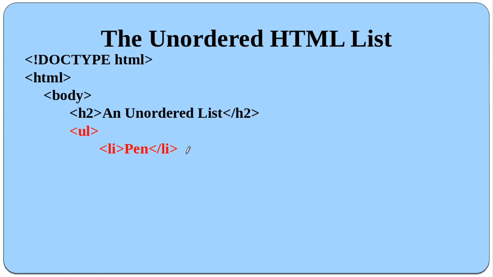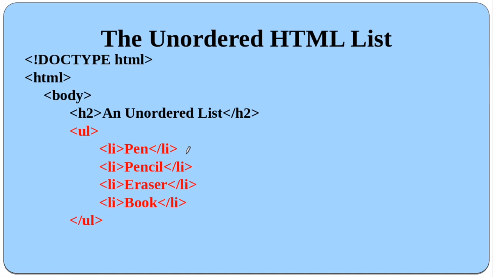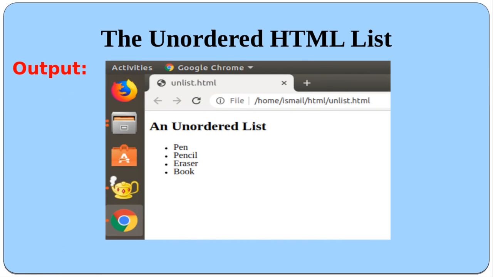LI pen, pencil, eraser, book. The UL tag is closed, the body tag is closed, and finally the HTML tag is closed. Now, when you execute this code on a web browser, you get the output like this. Here observe the list, which is marked with small black circles.